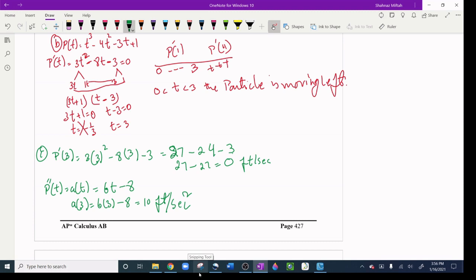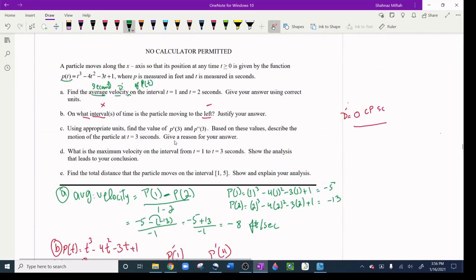Now the question is asking, we figured out all of that, now based on these values, describe the motion of the particle at t equal 3 seconds. Give a reason for your answer.